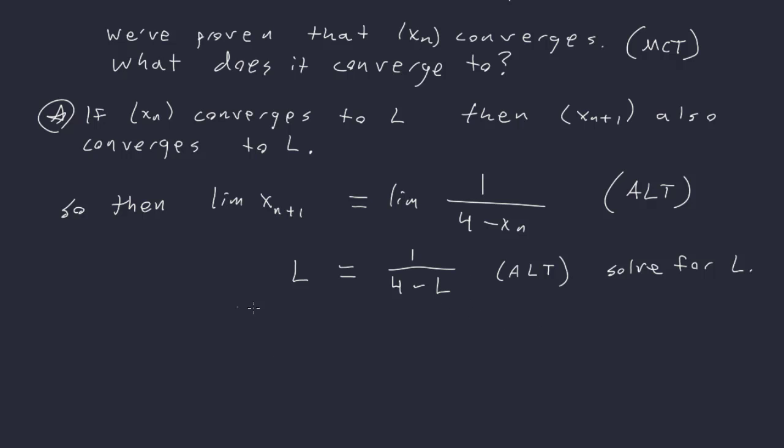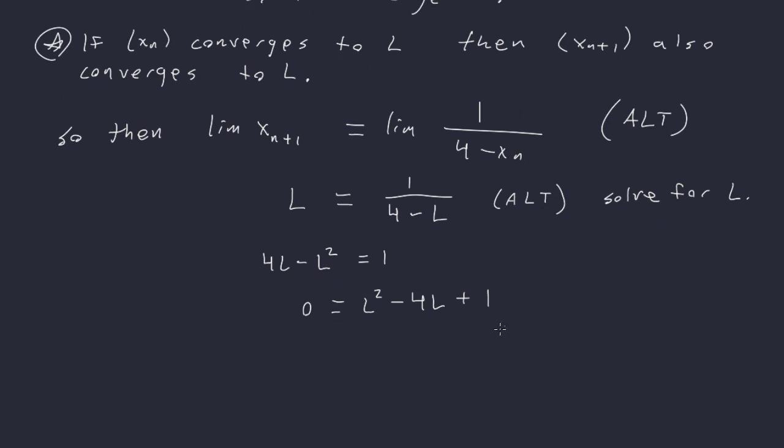So we'll multiply this across to get 4L minus L squared is equal to 1. And then it'll actually be easier to move things over to this side because we'll get L squared minus 4L plus 1 is equal to 0. Okay, and then it doesn't really look like this will factor, so I'm going to use the quadratic formula here.